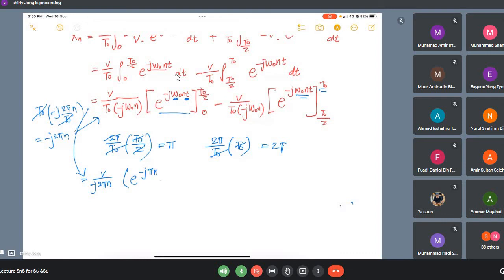So you obtain exponent minus j pi n only, and then minus exponent minus j0. And then continue minus this part. You substitute with T naught, you get exponent minus j 2 pi n. And then minus is positive exponent minus j pi n. This one, t over 2, is pi n.